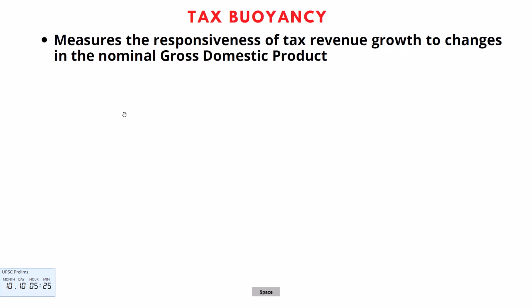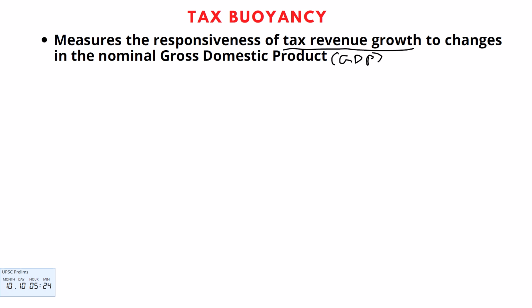Now, what is tax buoyancy? See, it is the measure of the responsiveness of tax revenue growth to the changes in the nominal gross domestic product. It reflects the elasticity of the tax system and the impact of discretionary policy changes.